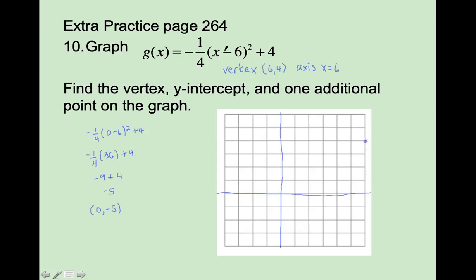This parabola, I know it opens down, so keep that in mind. And it opens down because that a value is negative. I know my y-intercept is (0, -5), so 1, 2, 3, 4, 5, way down here.